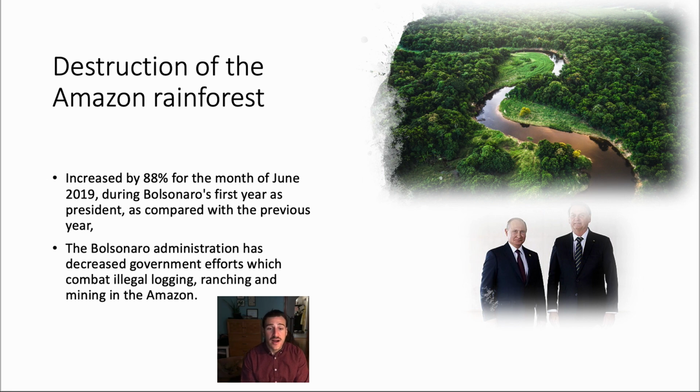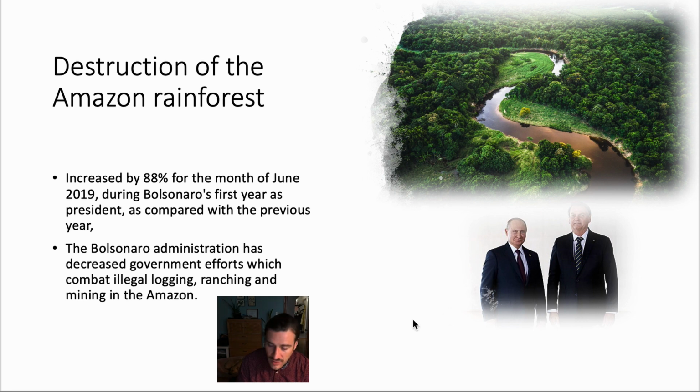The Bolsonaro administration has decreased the government efforts which combat illegal logging, ranching, and mining in the Amazon. So there are these laws there, but they're not really being upheld, right? And look at how beautiful the Amazon is, right?